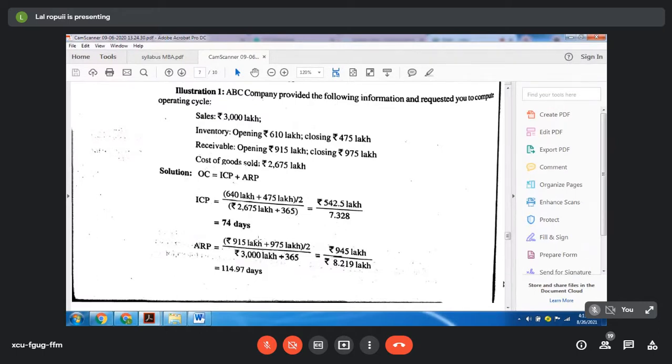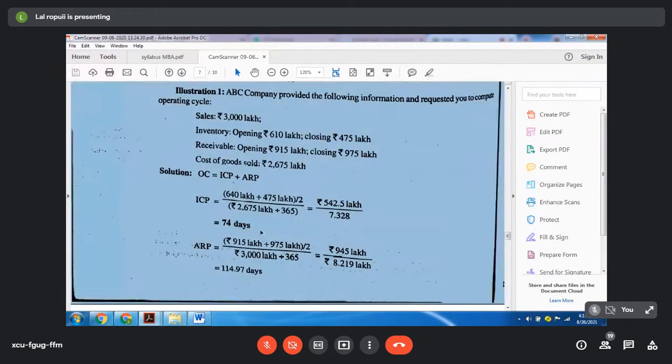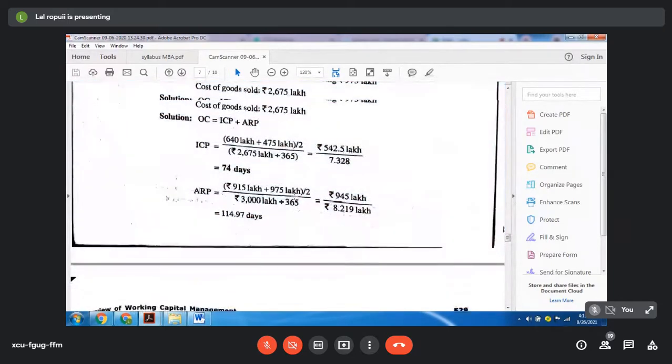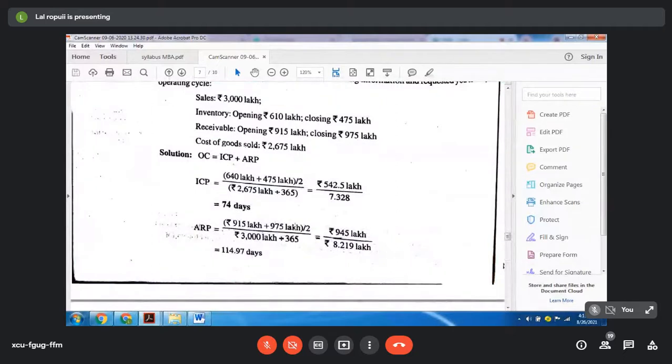So we got 74 days. Inventory conversion period is 74 days for this manufacturing firm. Then for the accounts receivable period, the average receivables is 945 lakhs and sales is 3,000 lakh divided by 365 days.